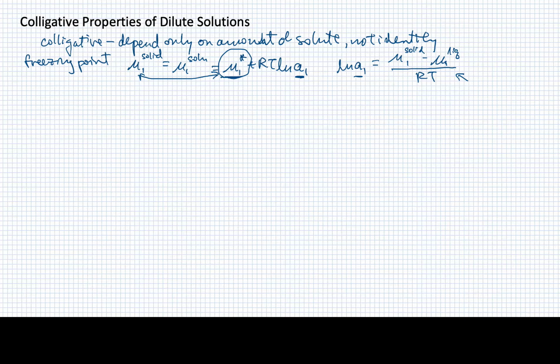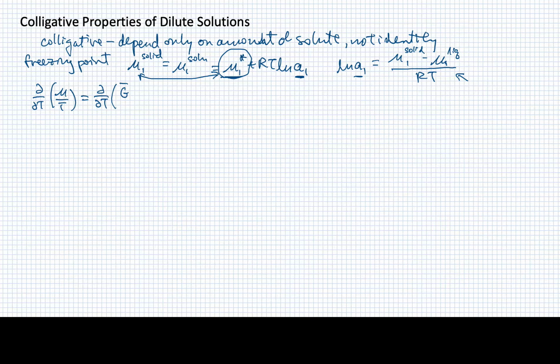Now, what we're interested in is the effects of temperature. So one way we might get a handle on that is by differentiating this equation with respect to temperature. But I want to make a special note here: if I differentiate with respect to temperature a quantity that looks like mu over temperature, the mu, in effect, is just the molar Gibbs energy.